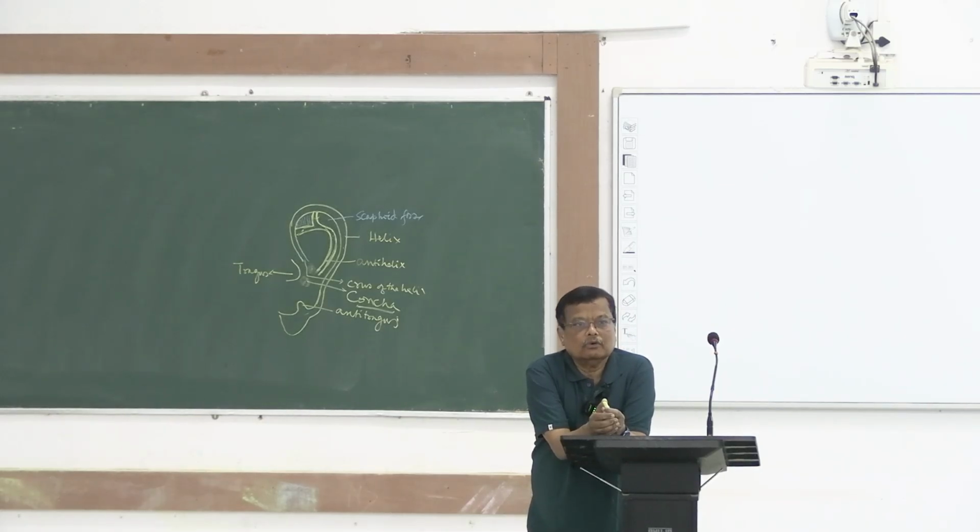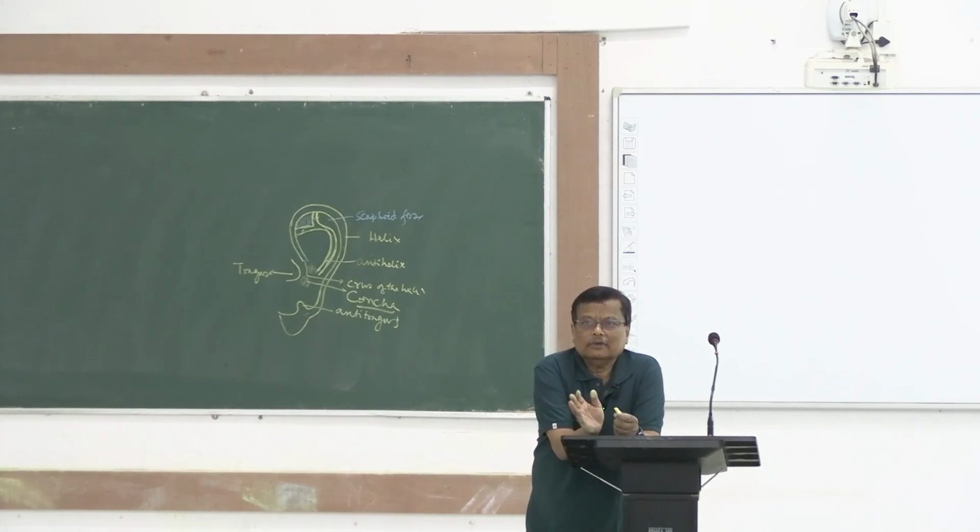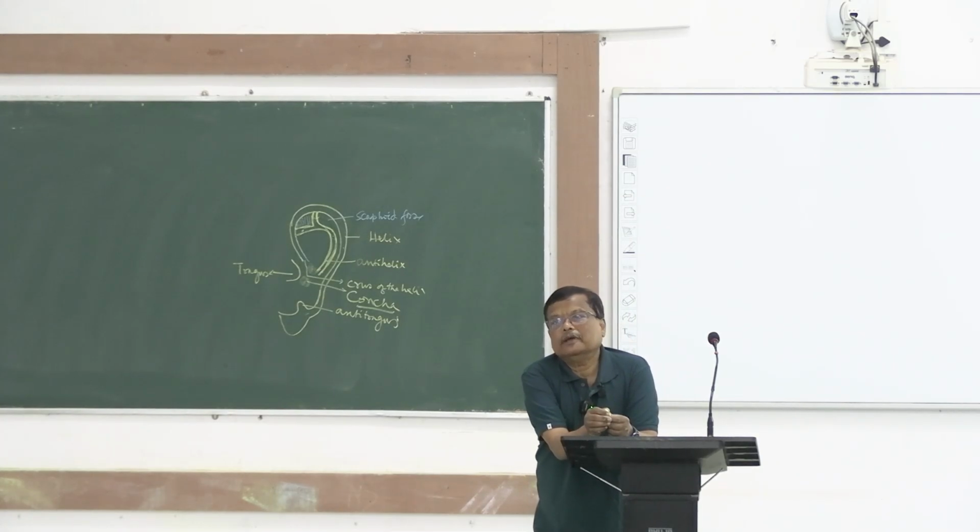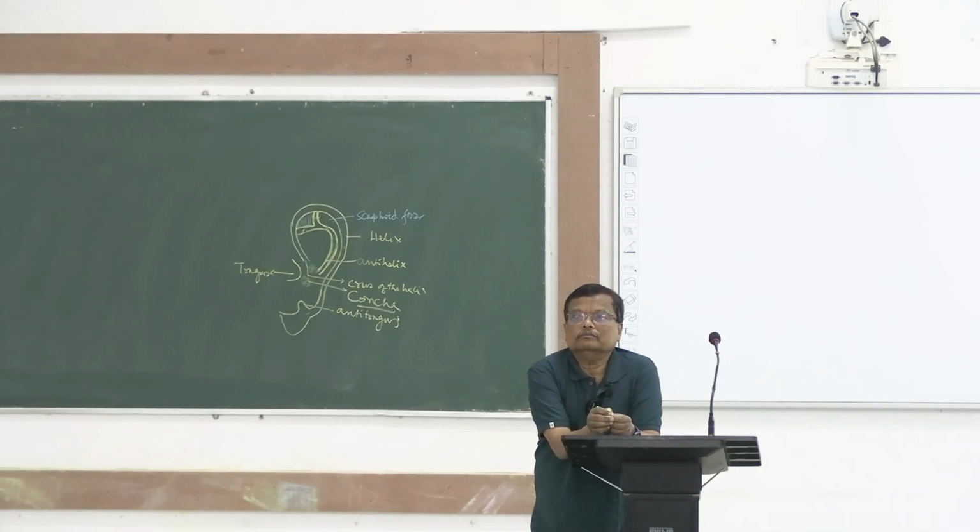Extrinsic muscles are auricularis anterior, auricularis superior, auricularis posterior. And intrinsic muscles have many different names, tragus, antitragus, etc. These muscles are supplied by the facial nerve. Both extrinsic and intrinsic muscles of the auricle are supplied by the facial nerve.